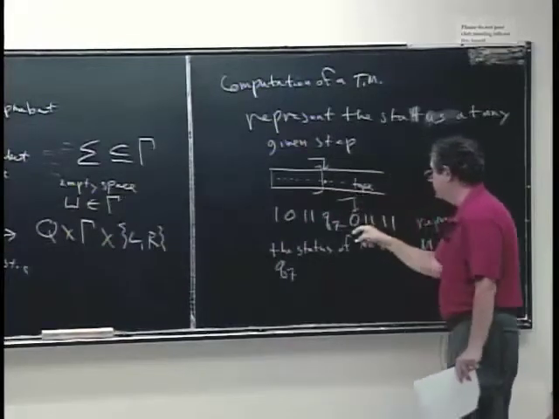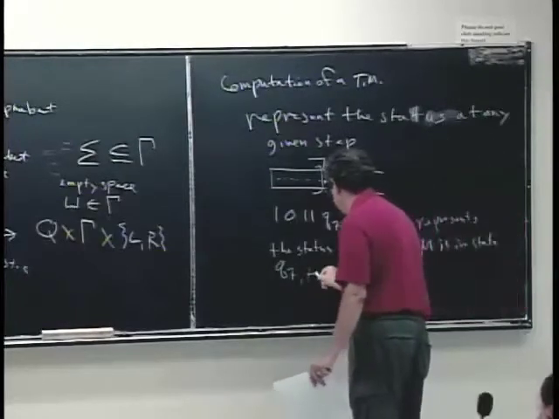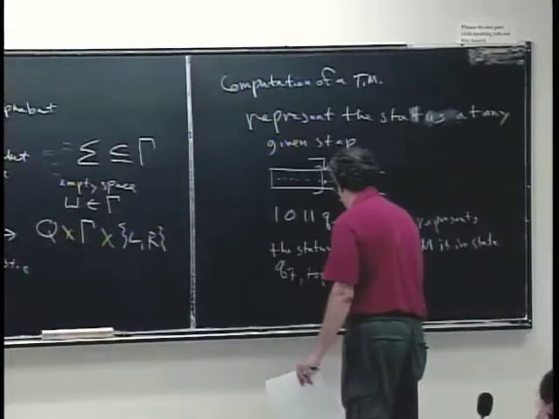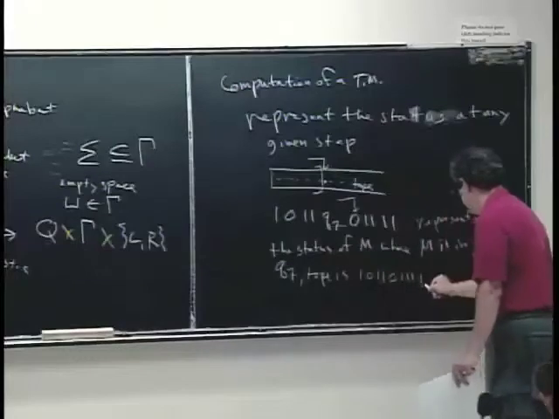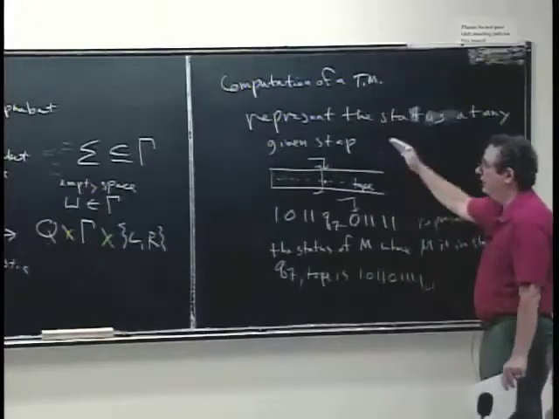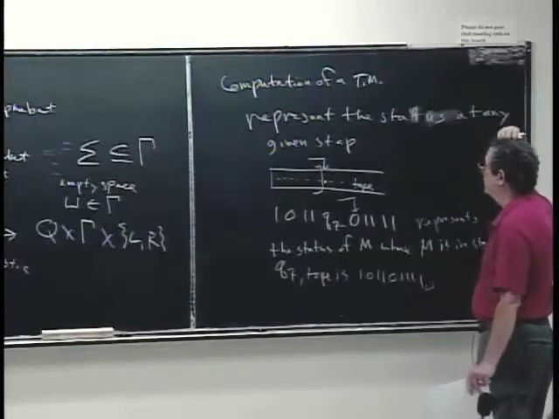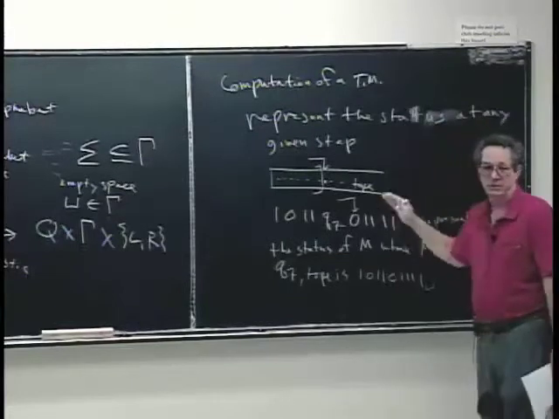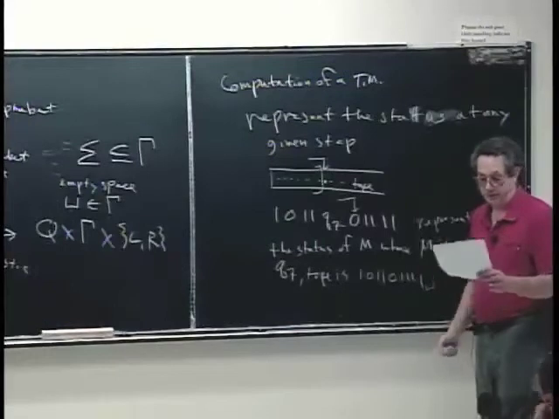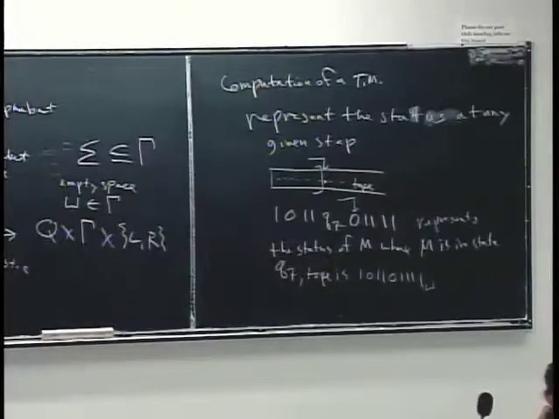It's the symbol just to the right of where you've written the state. And what the tape has on it is 1011011111, and then an empty space. Okay, so we can write down the status or the configuration of the machine at each step, and therefore follow along what the computation was. Okay, so this is just a convention so that you can understand what's in the book.